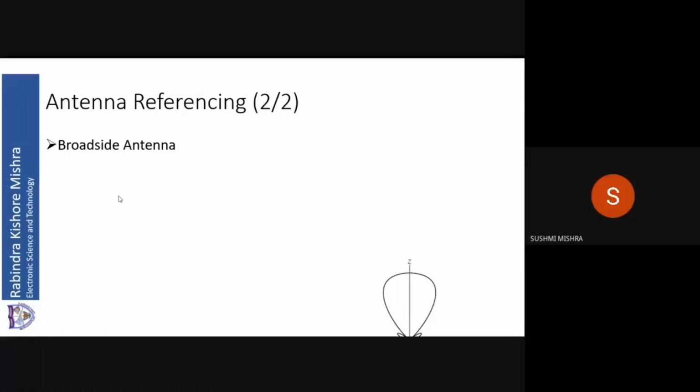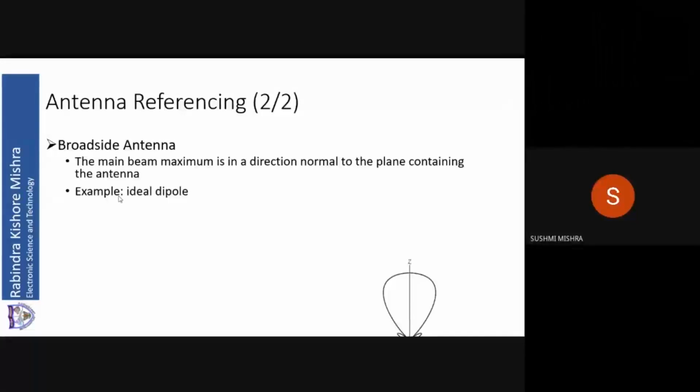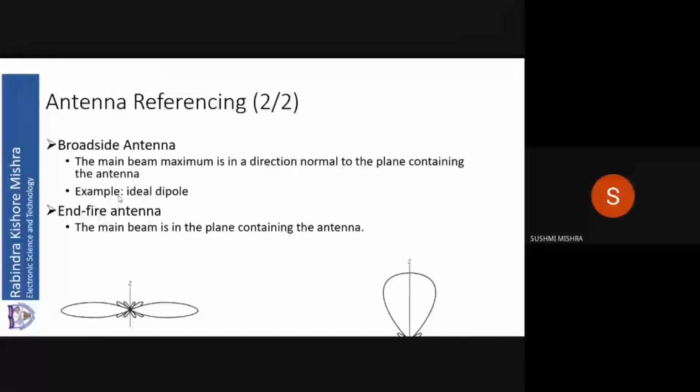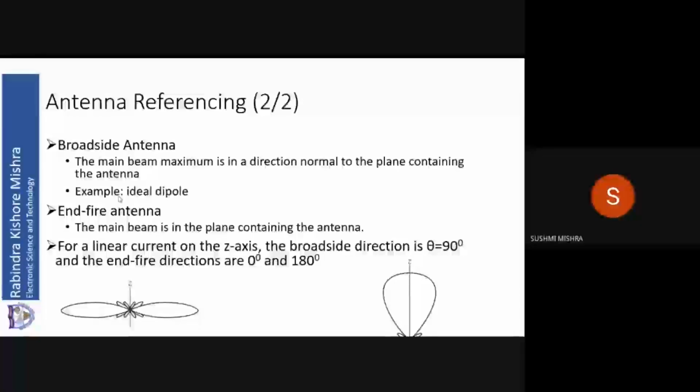Now look at this. This is in the Z direction, right? If it is in the Z direction, the main beam maximum is in a direction normal to the plane that contains the antenna. If that happens, then we call it a broadside antenna. If the main beam direction is in the plane containing the antenna, then we call it an end fire antenna. So the classification can be broadside antenna or end fire antenna.